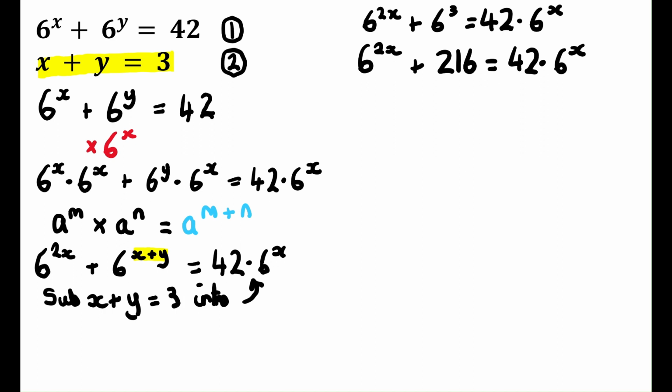Now, if we rearrange this equation, we get 6 to the power of 2x minus 42 times 6 to the power of x plus 216.